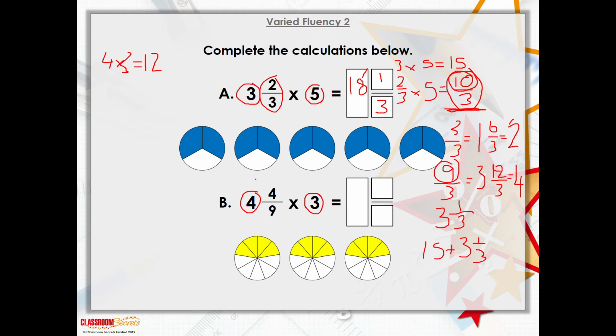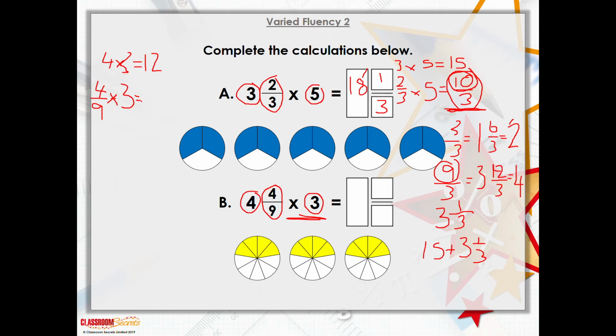Right, my next step is to look at my fraction and to times it by my whole number. And 4/9 times by 3. Remembering, when you're multiplying a fraction with a whole number, sorry, it's not very good, times sign, multiplication sign. It's a better 3 though this time.